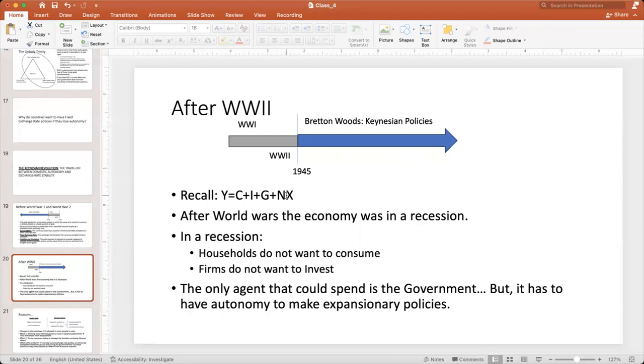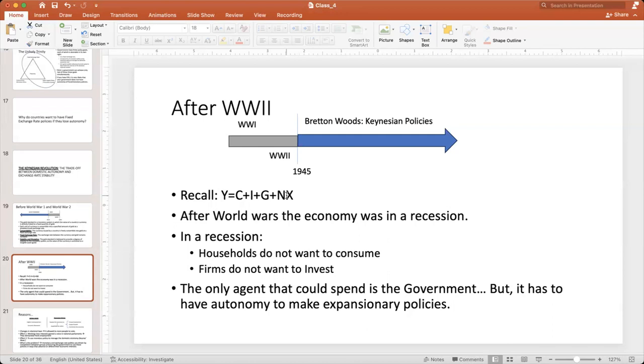And if they postpone their consumption, firms don't want to invest because they are not selling goods and services. In fact, they are firing people to try to survive and so on and so forth. So in a recession, households and firms are in the worst part of the economy.